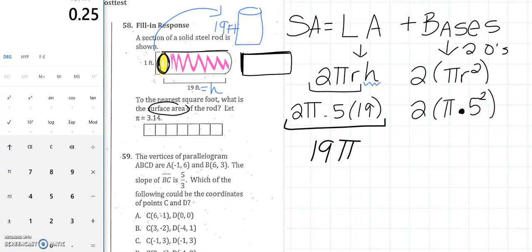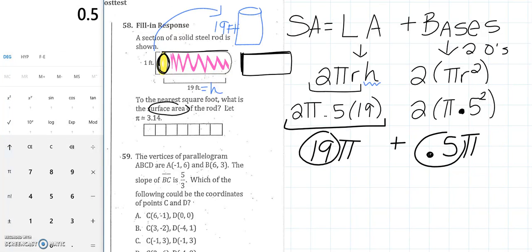Times the 2, so it's 0.5 pi. Now I'm going to be adding these two together, so I'm going to combine the 19 and the 0.5, and I'm just going to keep the pi along for the ride. 19 plus 0.5 is 19.5, and then I'm going to bring down the pi. I treat the pi like an x value, so if it was 19x plus 0.5x, I would just be adding the coefficients, the 19 and the 0.5. So that's what I did here.